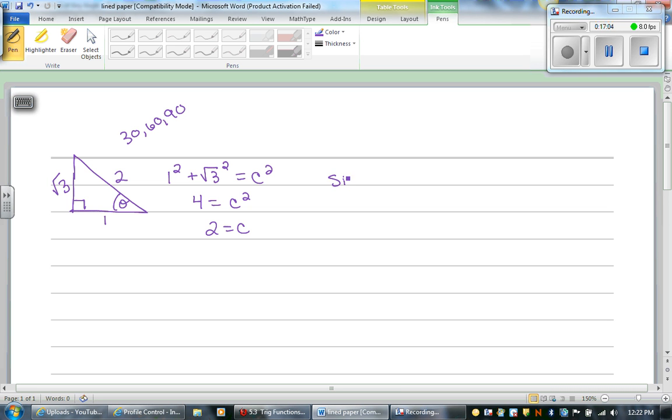All right, so sine, cosine, tangent, cosecant, secant, cotangent. All right, sine again, opposite over hypotenuse, square root of 3 over 2. Let's go back and double check. What quadrant are we in?